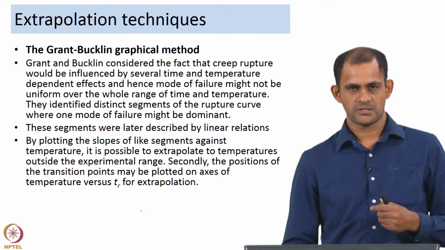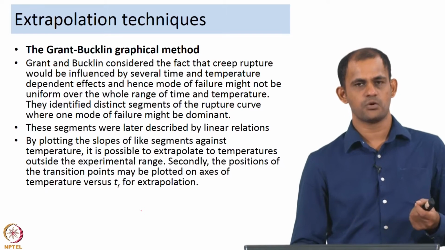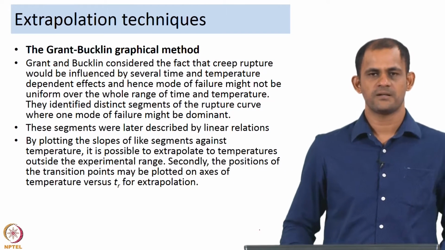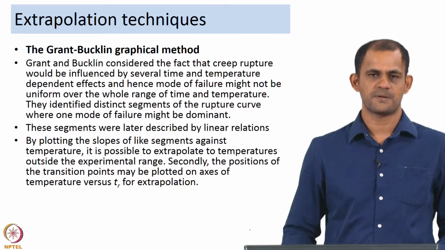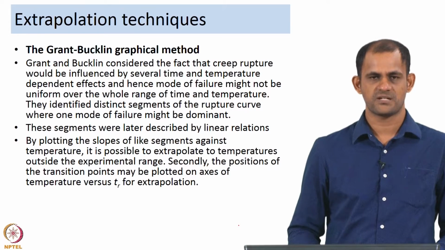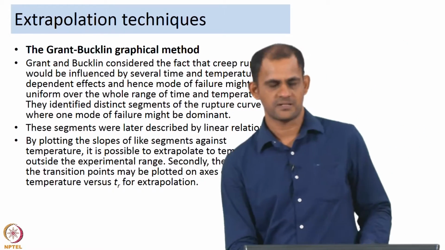Now, they also said these segments can be described by linear relations, and then by plotting the slopes of like segments against temperature, it is possible to extrapolate to temperatures outside the experimental range. For doing this they also use the positions of the transition points on an axis of temperature versus TR for extrapolation.